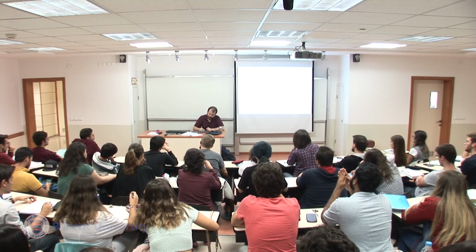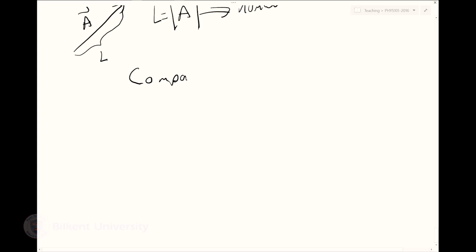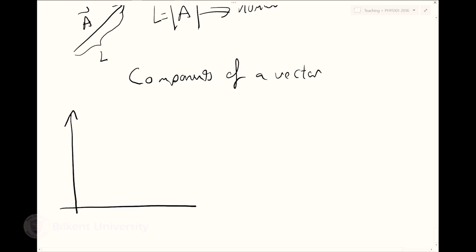And in that case, what do we need? We need components of a vector. All right. Now, if I want to turn everything into numbers, I need some sort of reference frame, right?